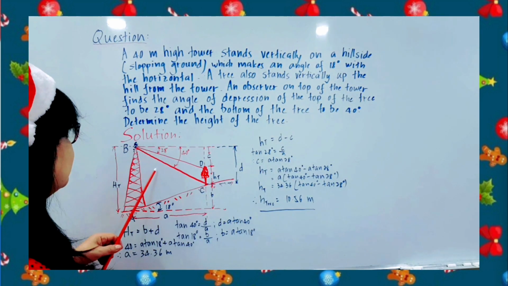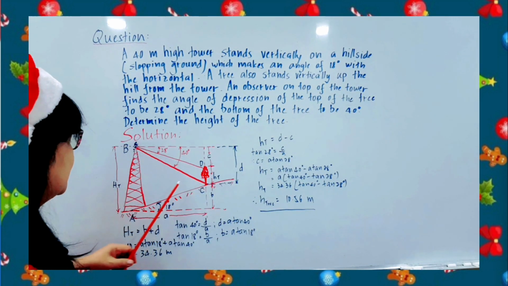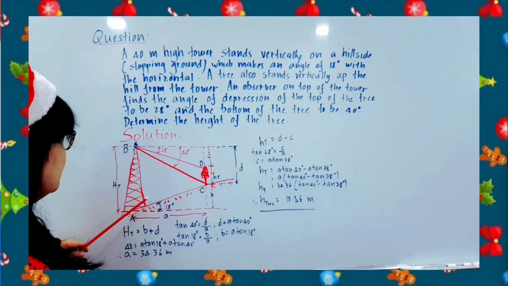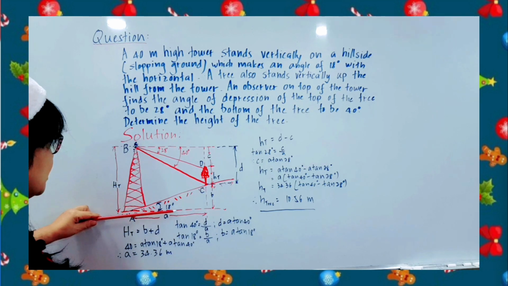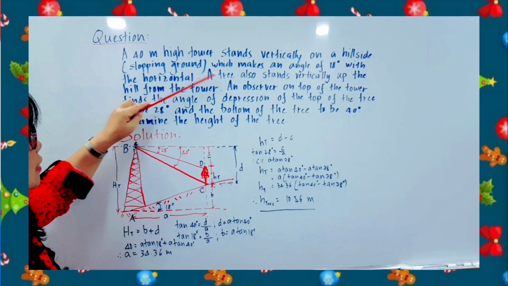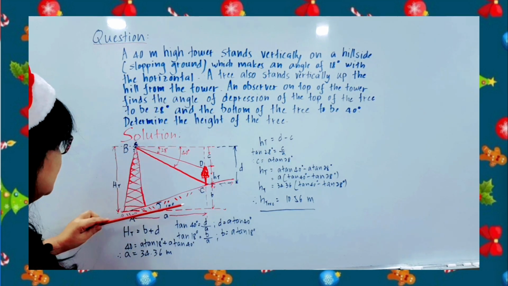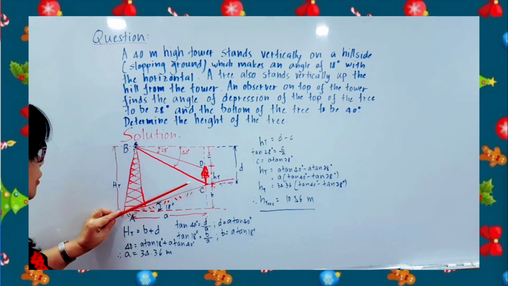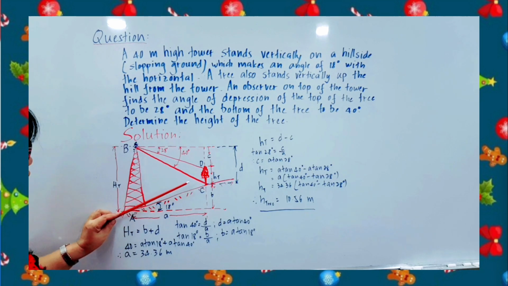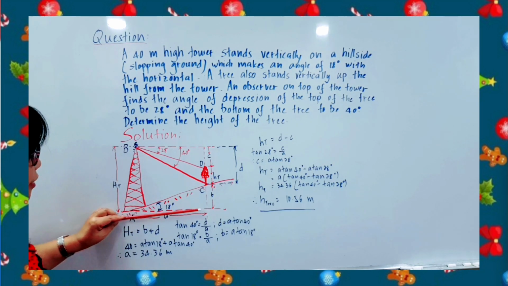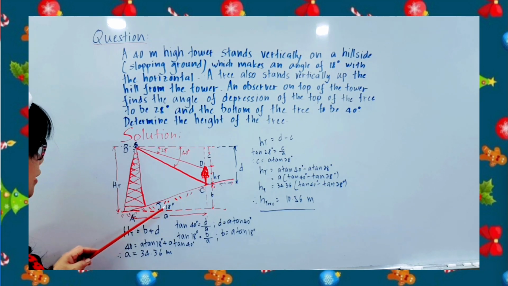Here is the rough sketch of the tower and the tree. They are resting on the sloping ground with an elevation of 18 degrees from the horizontal. So, the tower is resting on a sloping ground with 18 degrees from the horizontal. Here it is, 18 degrees.